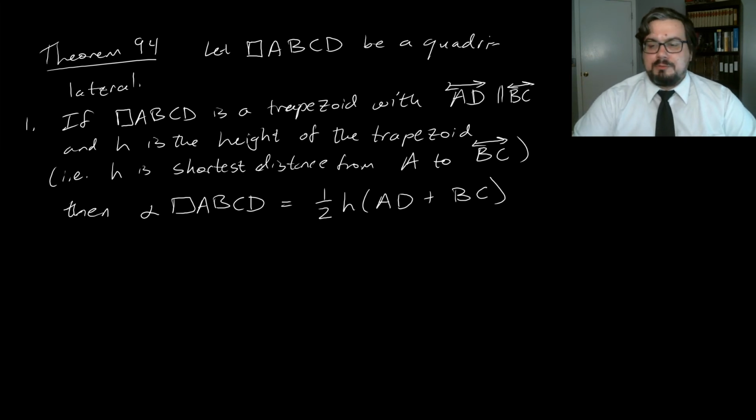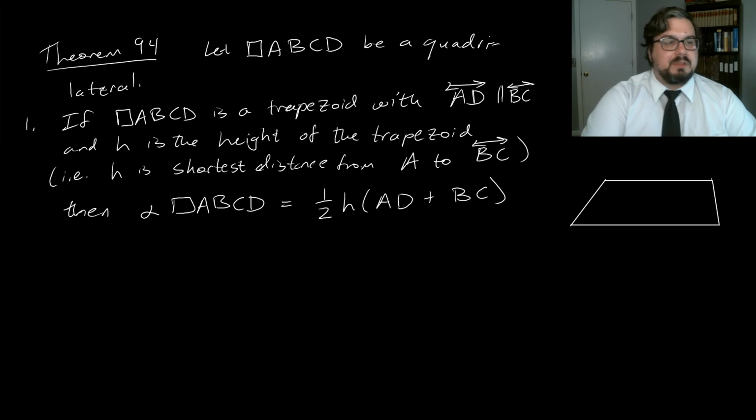The proof of this is sort of similar to what we used for the square. So what we'll have is some picture like the following, where we've got A, B, C, D, some trapezoid like this.